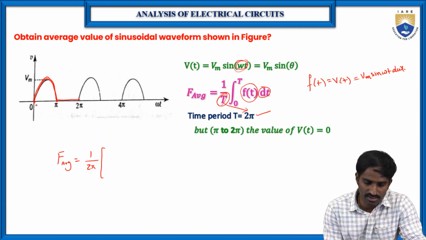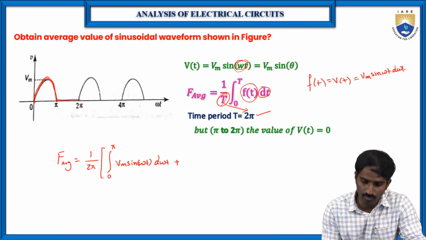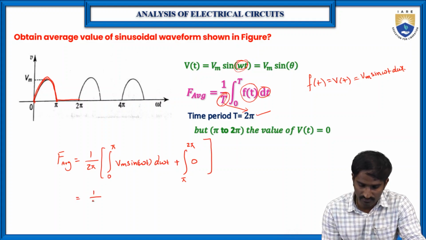From 0 to pi there is conduction, but from pi to 2 pi there is no conduction, so let us write it in two parts. From 0 to pi it is a sine wave, so we can write Vm sine omega t d omega t, plus from pi to 2 pi, where v of t is equal to 0, so we can make it 0. Then this becomes 1 by 2 pi into the integral from 0 to pi of Vm sine omega t d omega t.